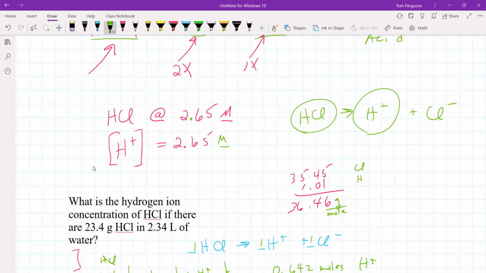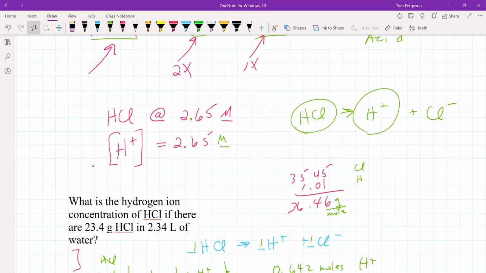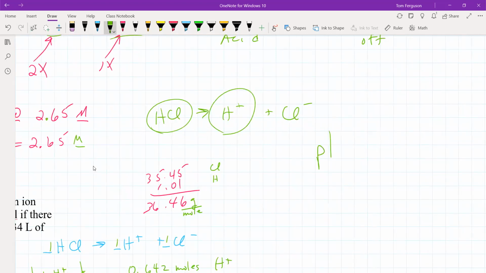Okay, so what would a problem look like? And by the way, who's heard of pH? Okay, pretty much all of you. If you haven't heard of it before, I'd be surprised. pH is a measurement of, and that's lowercase p, uppercase H, a measurement of hydrogen ion concentration.